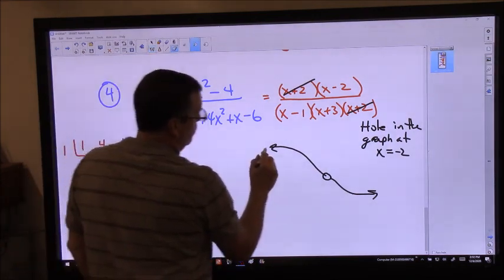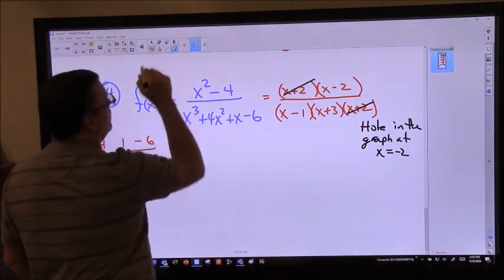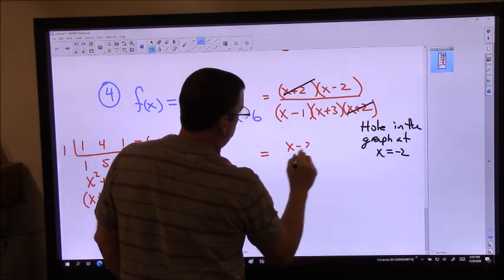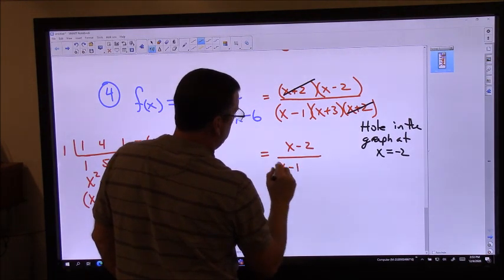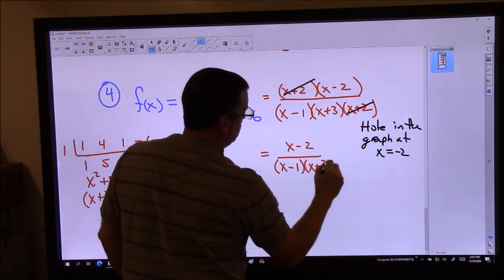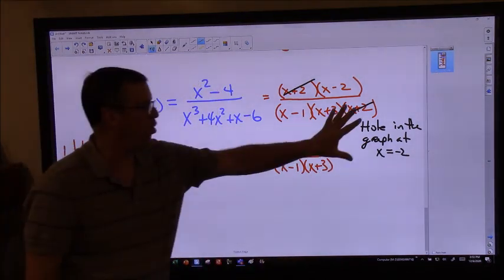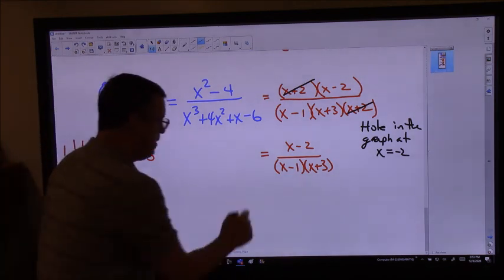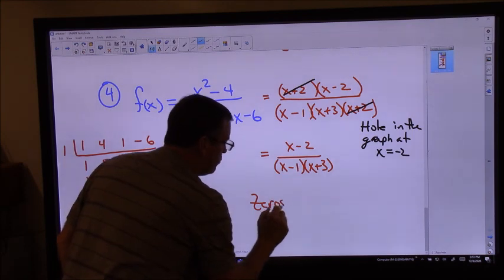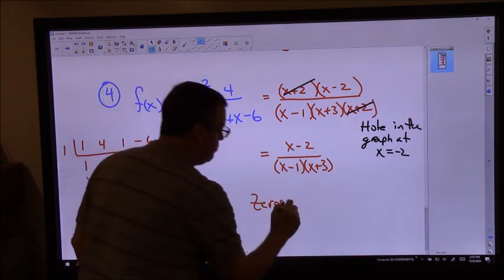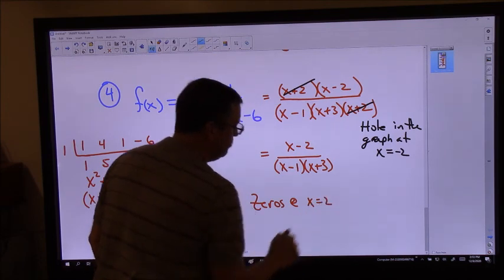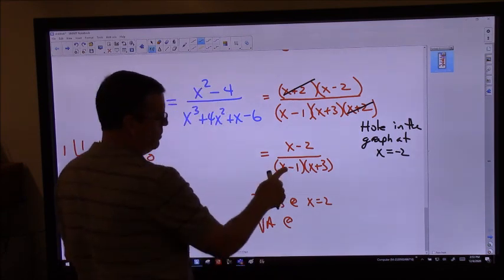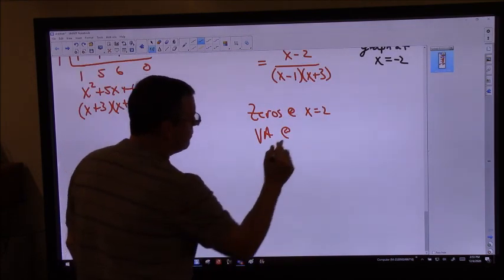And so now, instead of having all those factors, what I really have is this. X minus 2 over x minus 1 times x plus 3. Okay, but I just want to remember there's a hole in the graph at that x value. So now I could say that my zeros happen whenever the numerator equals 0. So at x equals 2. I've got vertical asymptotes at x equals 1 and x equals -3.